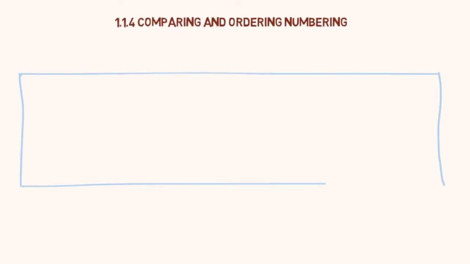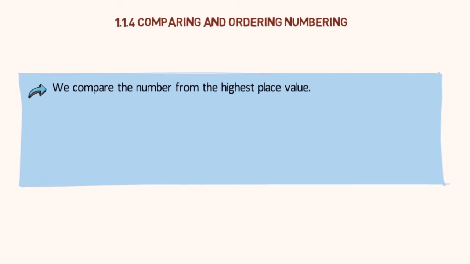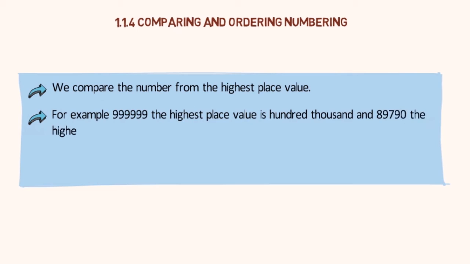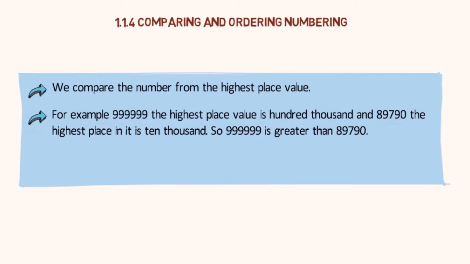Comparing and ordering numbers. We compare the numbers from the highest place value. For example, in 999,999 the highest place value is 100,000, and in 89,790 the highest place is 10,000.